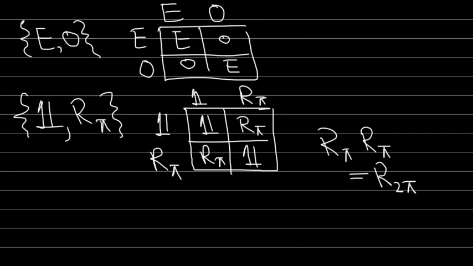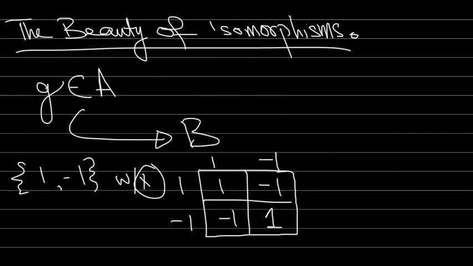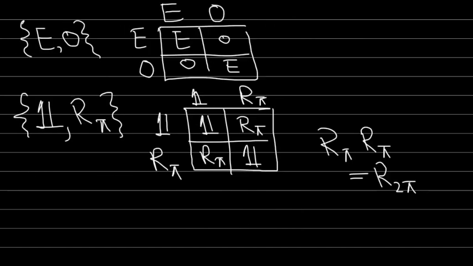Now note that all of these multiplication tables that I have written over here have the same algebraic structure, right? In fact, any of the two element groups have the same algebraic structure. But it has to go in both ways.